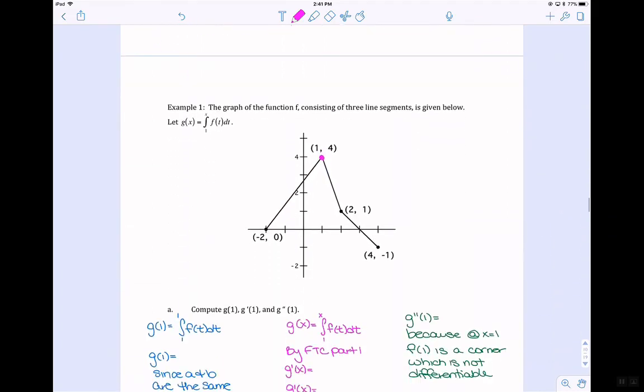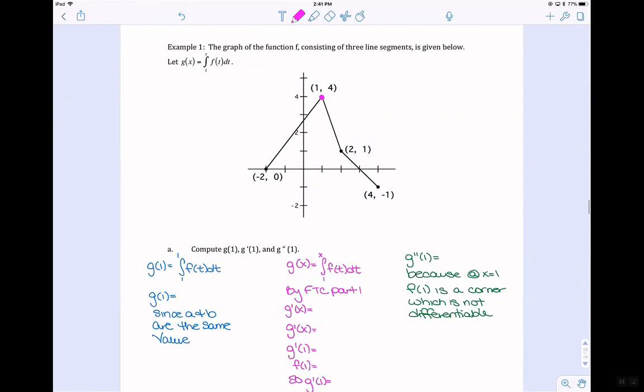So now let's take a look at an example where I'm actually going to give you the graph. The hardest part about this is just knowing where everything is. Now, I will tell you something. In this particular section, it may not be a bad idea to take my video notes, the filled out version, copy it down onto your notes packet, and then listen to the rest of this video.